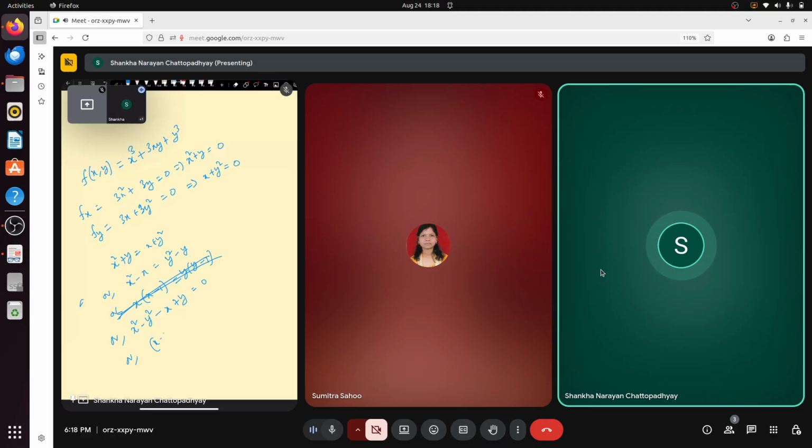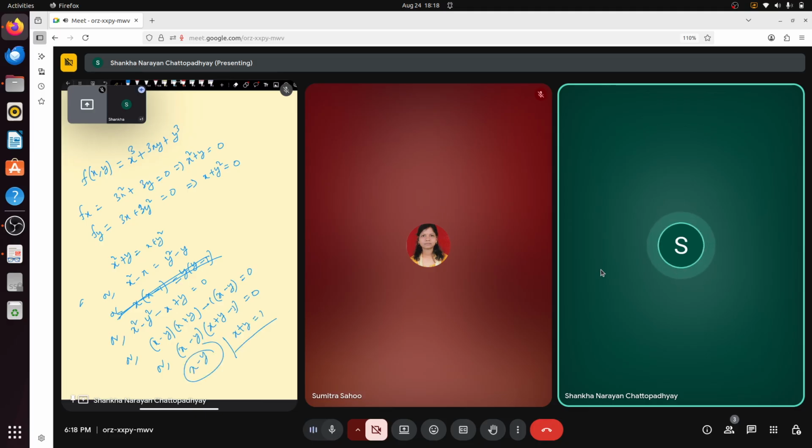That will be (x minus y) into (x plus y) minus 1, so (x minus y)(x plus y minus 1) equal to 0. So from here you get two conditions, x equal to y and x plus y equal to 1, right?